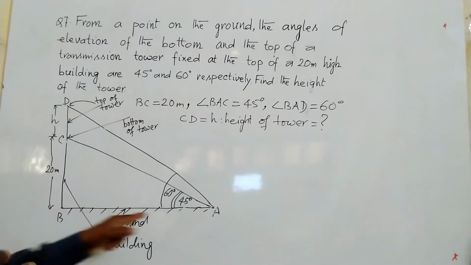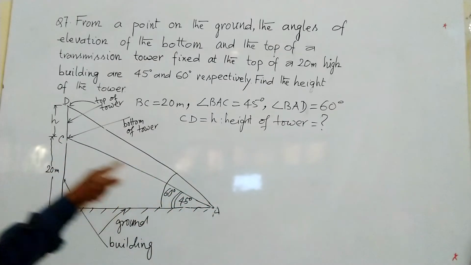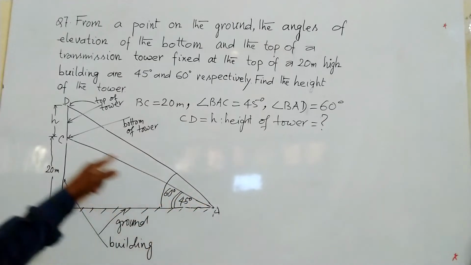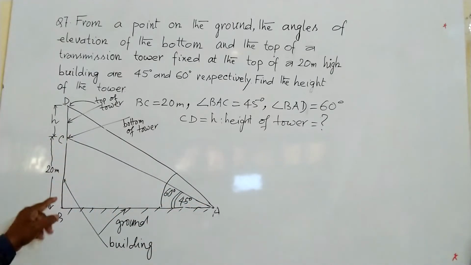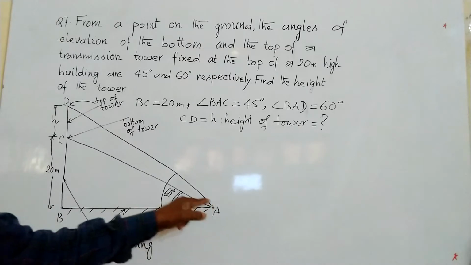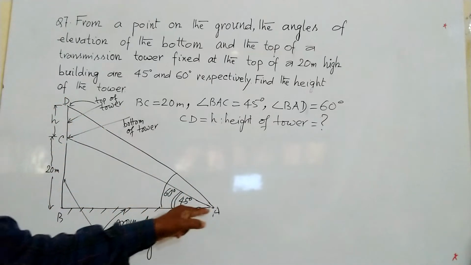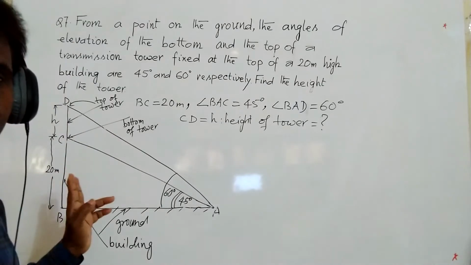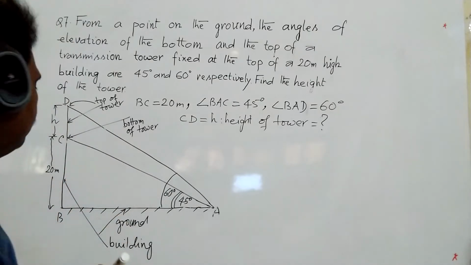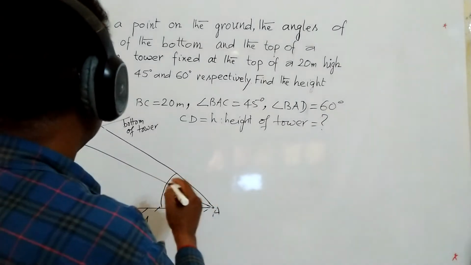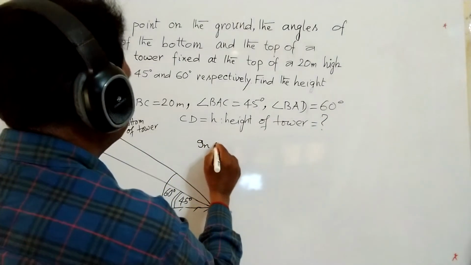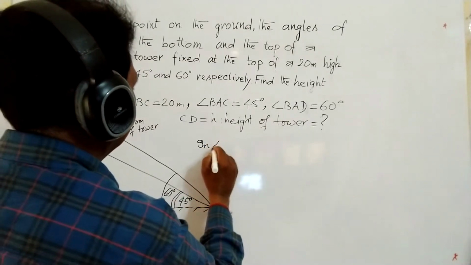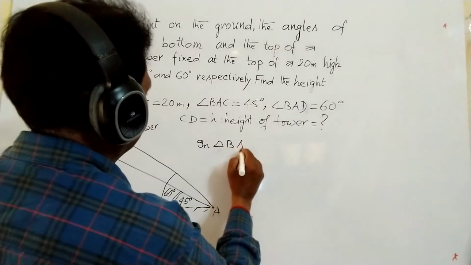Therefore triangle BAC will be a right angle triangle, and triangle BAD will again be a right angle triangle. Then let us see in triangle BAC.